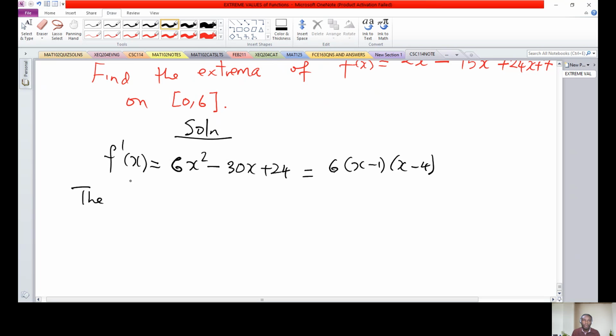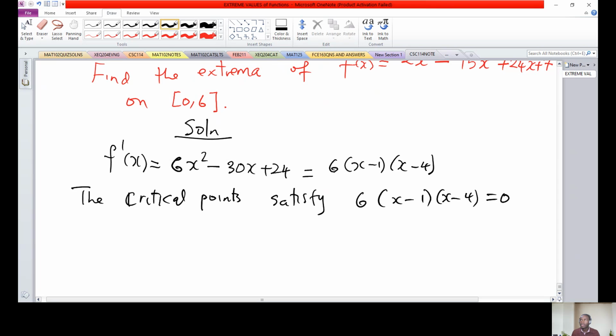So the critical points, or critical numbers, satisfy this: the derivative must be 0. Therefore, the critical points are x equals 1 and x equals 4.